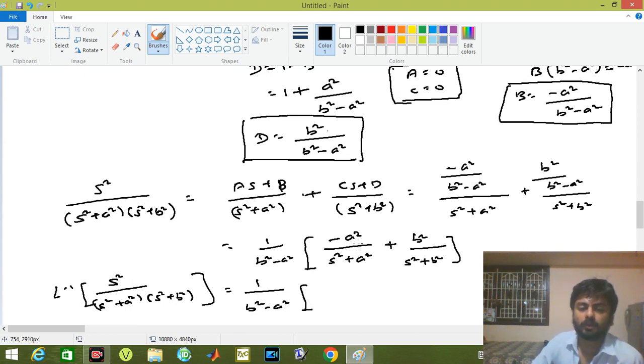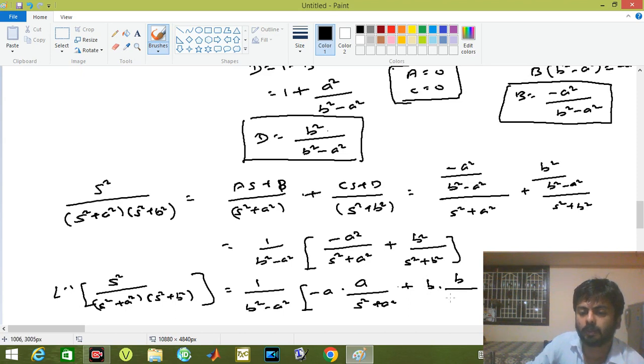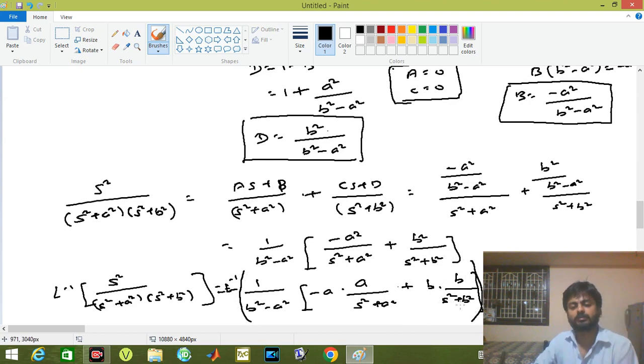So you can write it as minus a into a divided by a square plus a square plus b into b divided by a square plus b square. For the complete thing you are having L inverse.